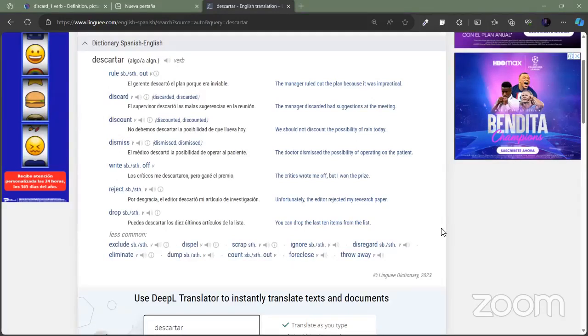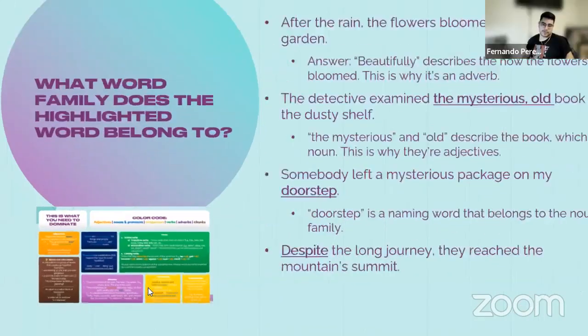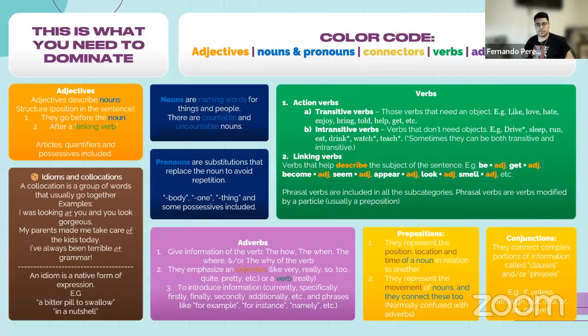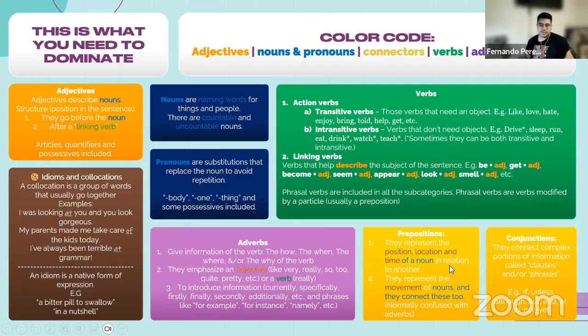By elimination, I think that it is a preposition, but I don't know why. Fantastic. Learning opportunity. According to the rules, prepositions give you position and location, but in general, they represent the relation of one noun to another.